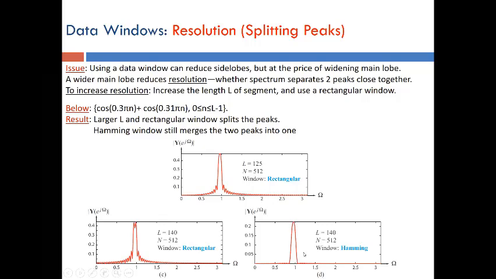Whereas if you use a Hamming window that has a wider main lobe, they get merged together and you don't see the 2 distinct peaks. So when you need spectral resolution, you want narrow main lobes. When you want amplitude resolution, when you want dynamic range, so you can see small signals in the presence of big signals, you want a window with low side lobes.